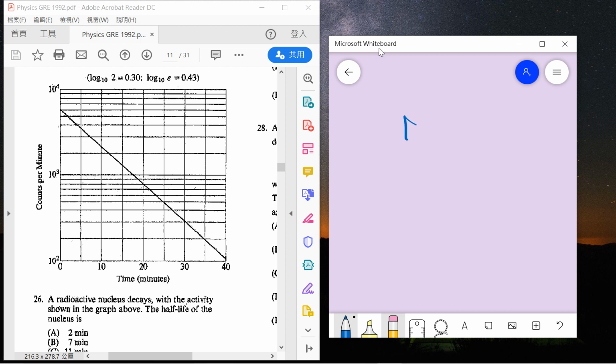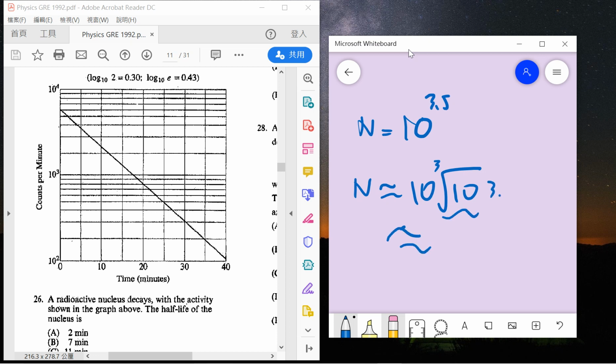Your starting point is about 10 to the square root of 10, which I can approximate as 3, so your starting point is like 3,000. And half of 3,000 is like 1,500 or 1,600.